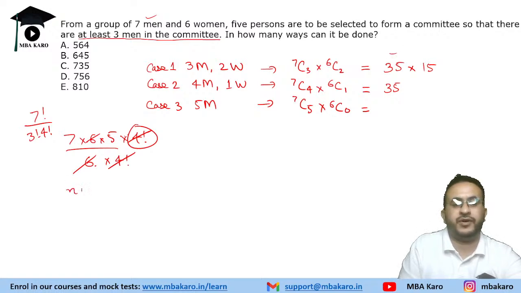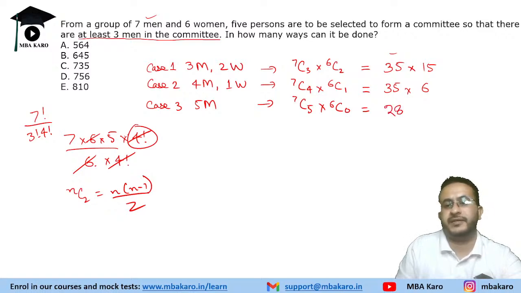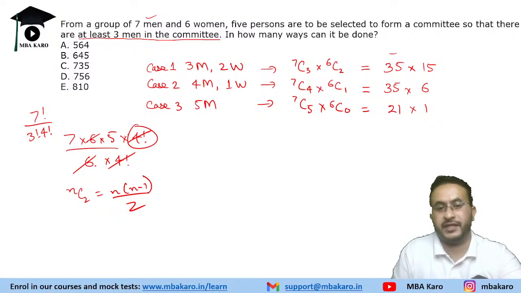6C2. So whenever you have nC2, that is n into n minus 1 by 2. So this will be 15. And 6C1 is 6. 7C5, 7C2 is 28. No, 21. n into n minus 1 by 2. And here it is 1. So only one way of selecting.